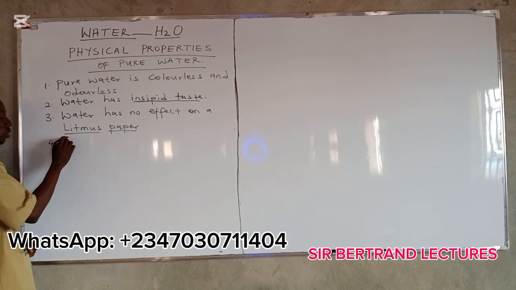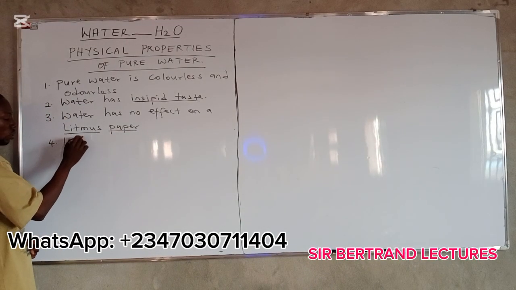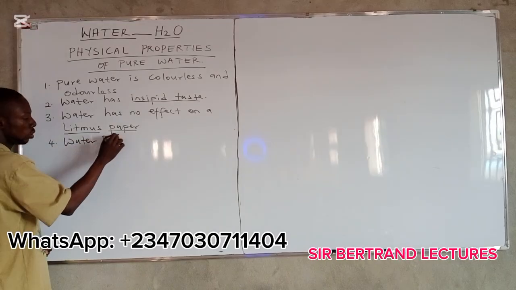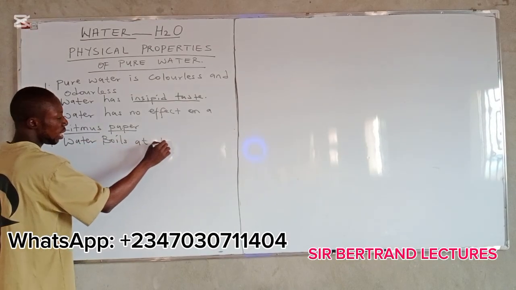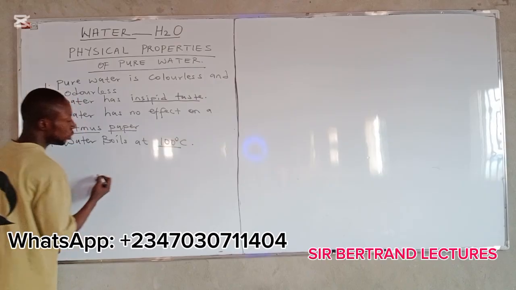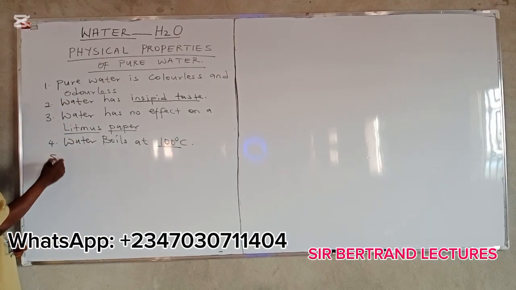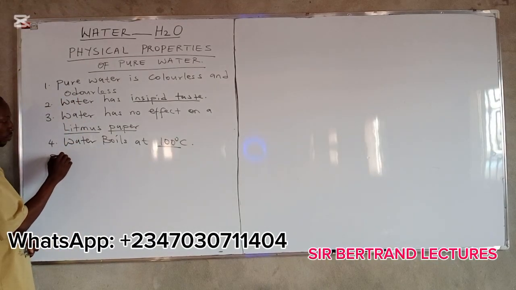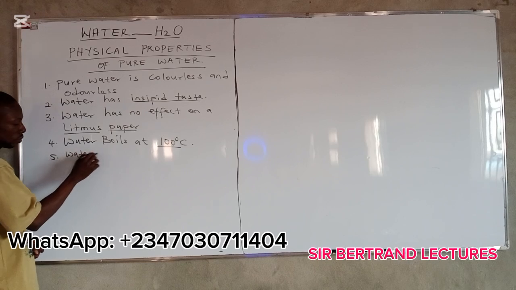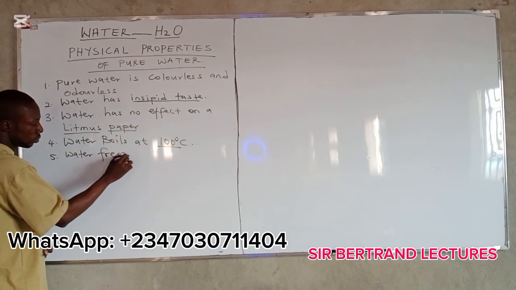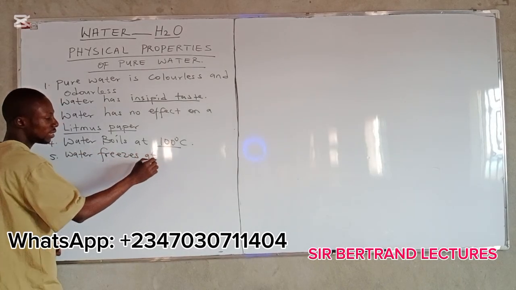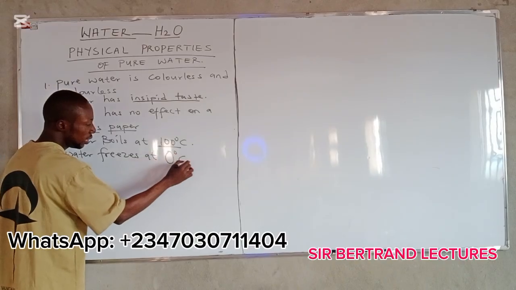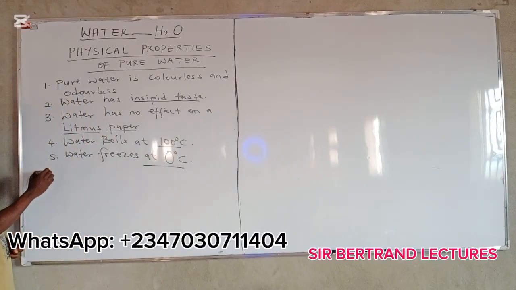Number 4, water boils at 100 degrees Celsius. Number 5, water freezes at 0 degrees Celsius.